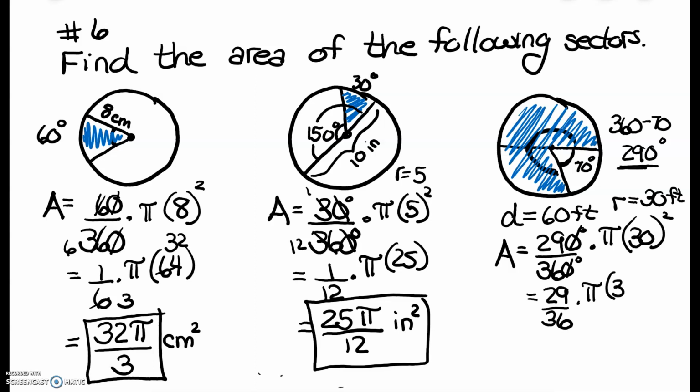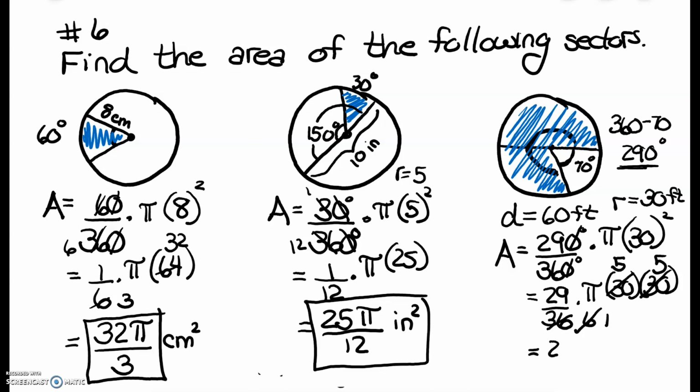And I'm just going to write out my 30 squared like this, because I know that 6 goes into 36 and 30. So 6 goes into 36 6 times. 6 goes into 30 5 times. Okay, so now I have another 6 and another 30, and they reduce out. This becomes a 1 and this becomes a 5.